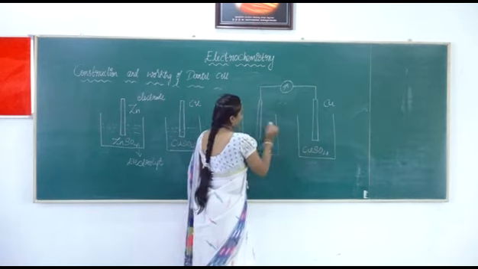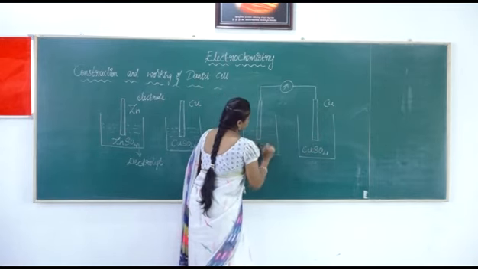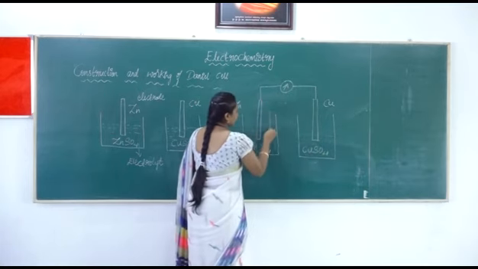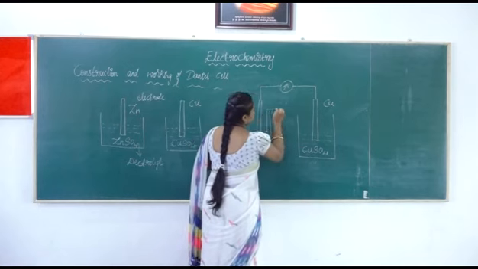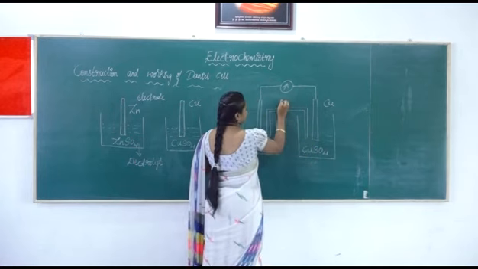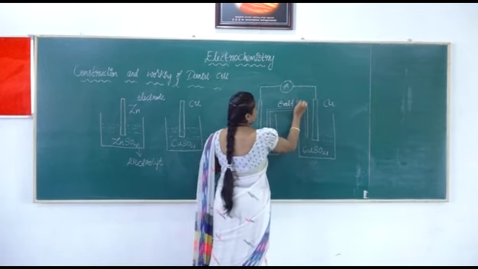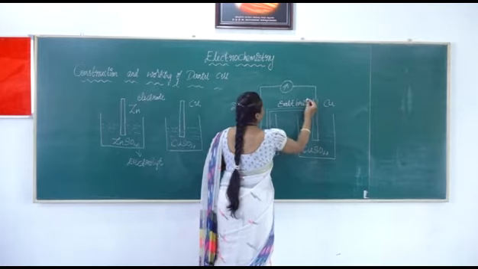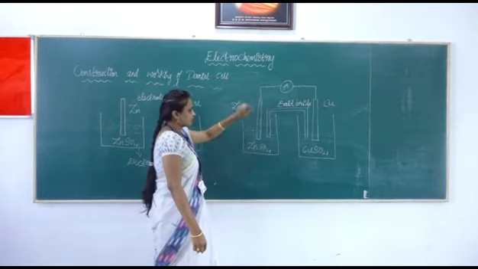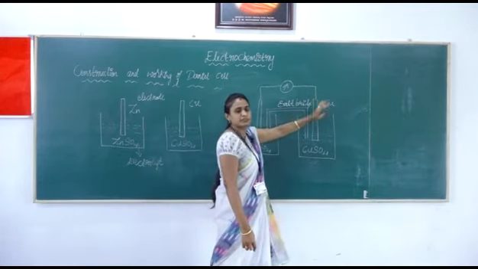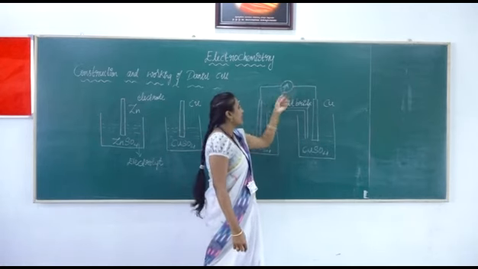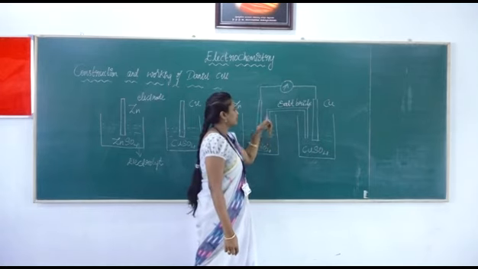Now the two electrolytic solutions are connected by a salt bridge. This is the construction of the Daniell cell: the zinc rod in zinc sulfate solution, the copper rod in copper sulfate solution, both electrodes connected through a voltmeter, and the electrolytic solutions connected through a salt bridge.